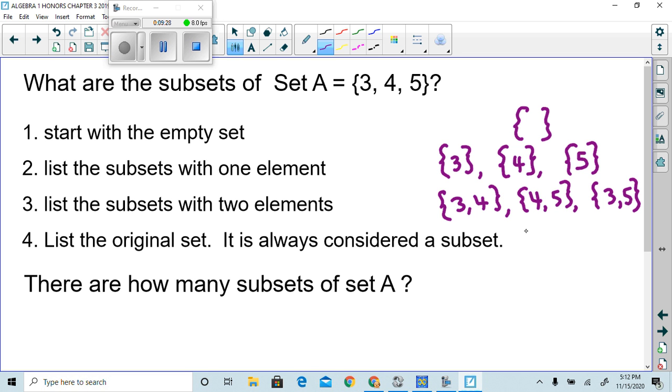And then we always include the original set as one of the possible subsets. So then they want to know how many subsets there are of A. There are 8 subsets. I'm going to leave you with this, and we'll continue in our live session today.